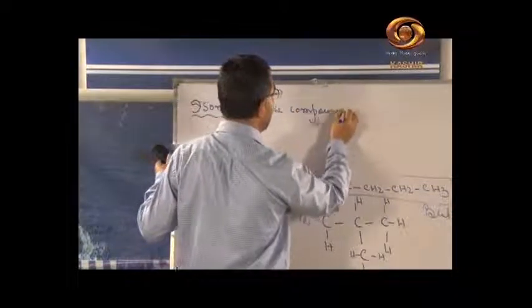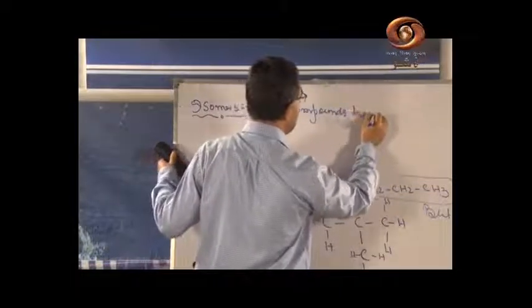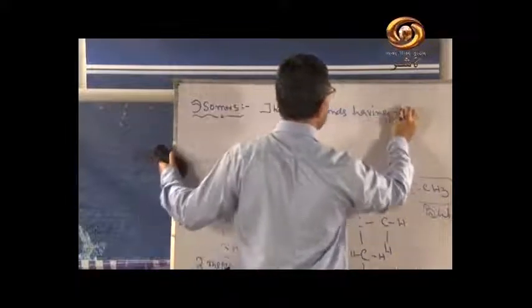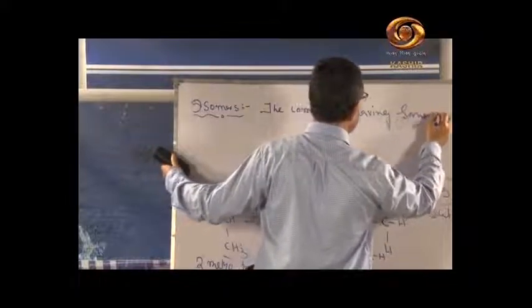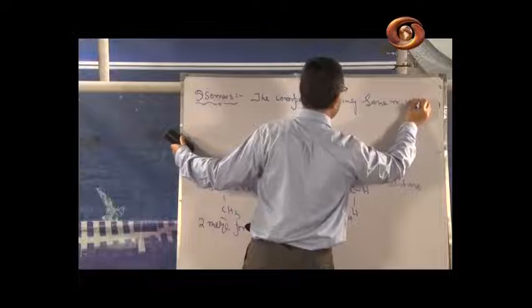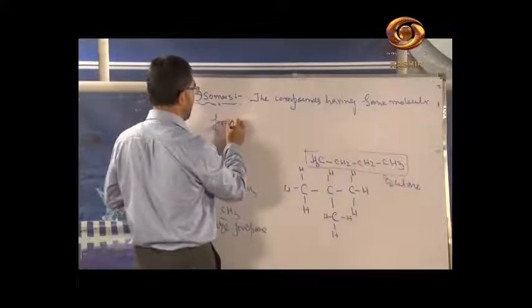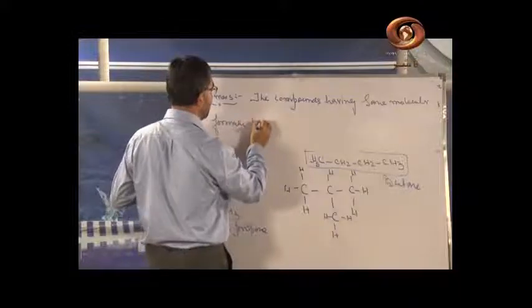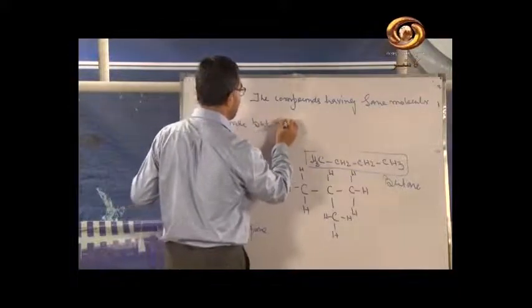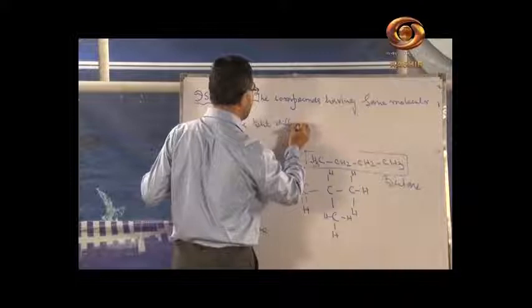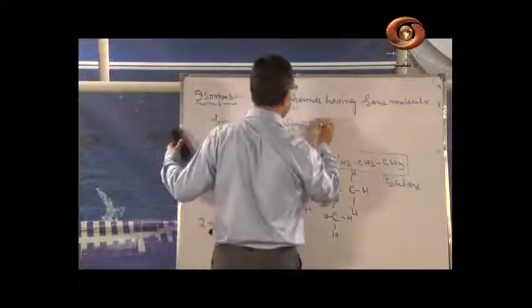you write down: the compounds having the same molecular formula but different structural formulae are called isomers.